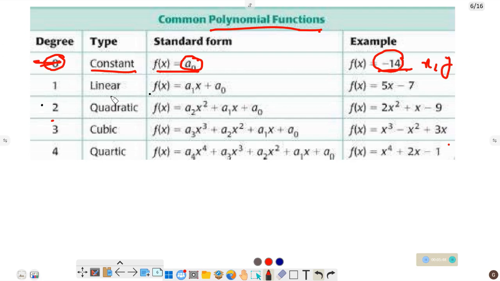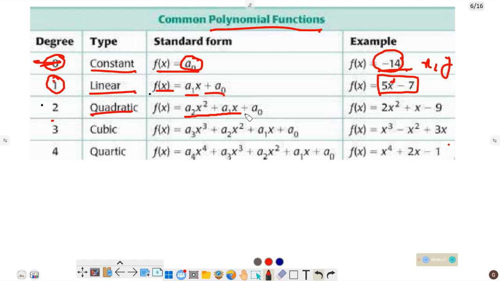Okay, and now we take a linear polynomial, and its standard form is f(x) equal to a1x plus a0. Here is an example of a linear polynomial, 5x minus 7, and the highest power of this variable is 1, so that's why its degree is 1. We have already discussed this in the previous slide. Next is the quadratic polynomial.